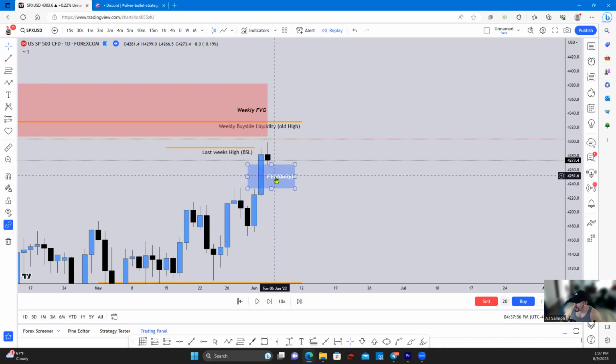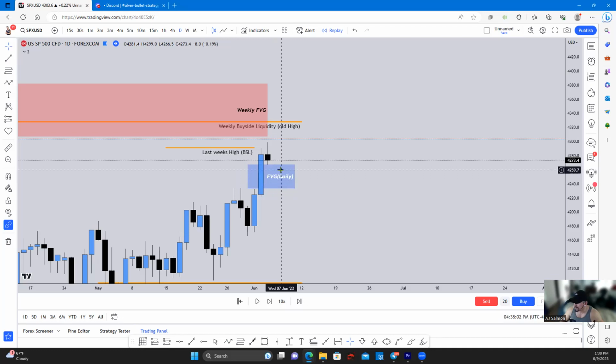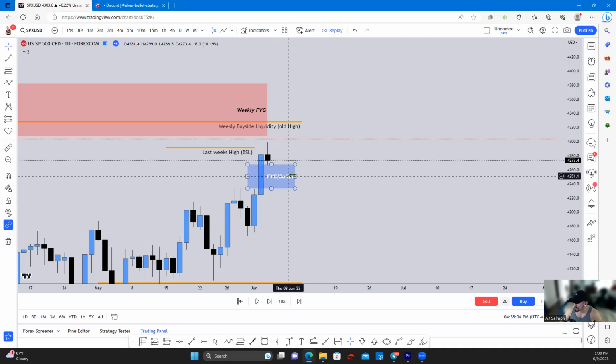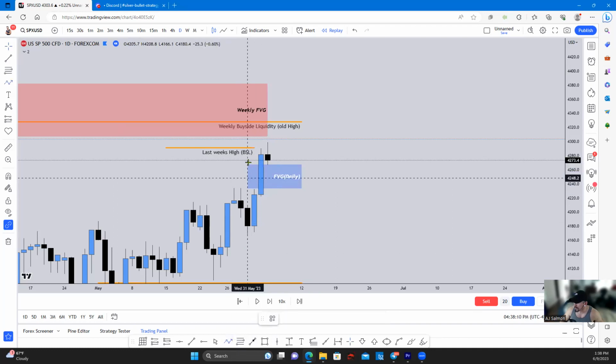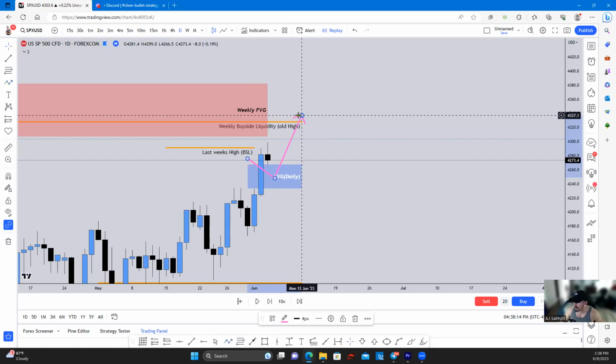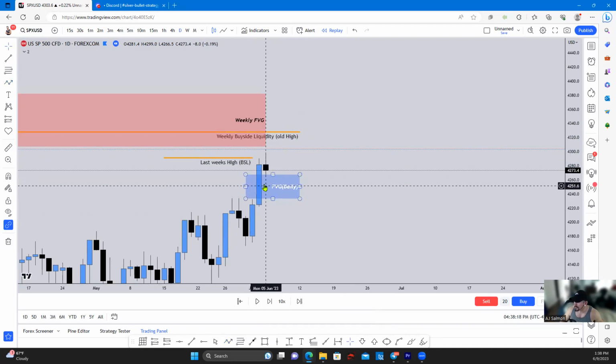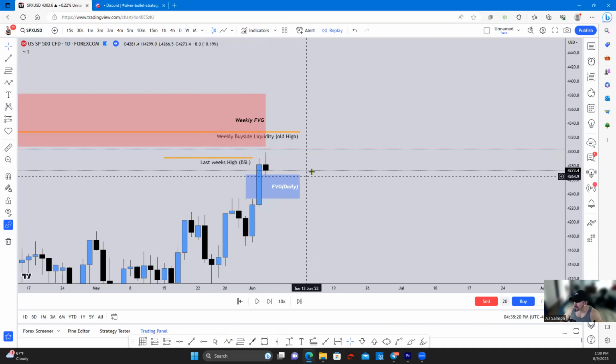This is a SIBI, sell side imbalance, buy side inefficiency, or I think it's the other way around. I always get those backwards, but this is a bullish fair value gap, meaning price is going to want to come down into here and then continue higher. All right. So our bias for the week is bullish.